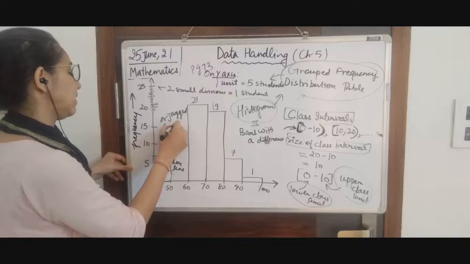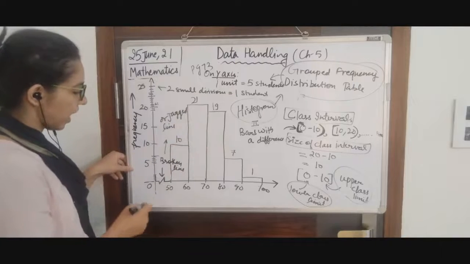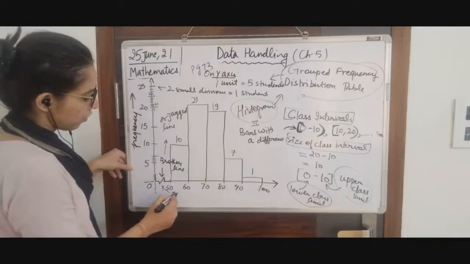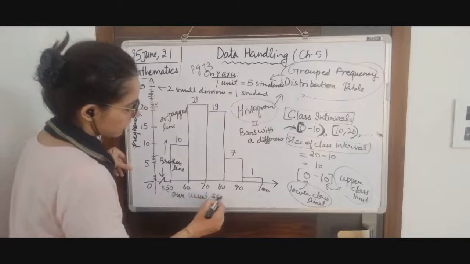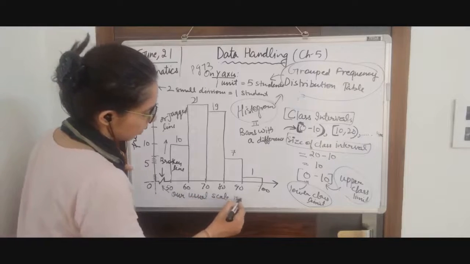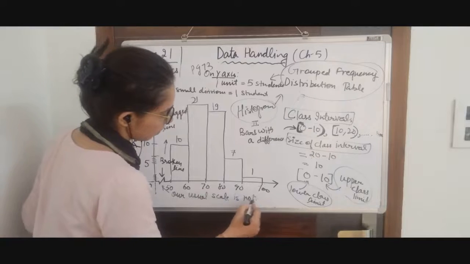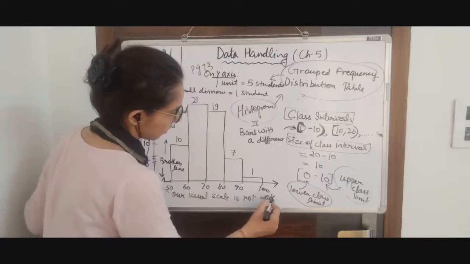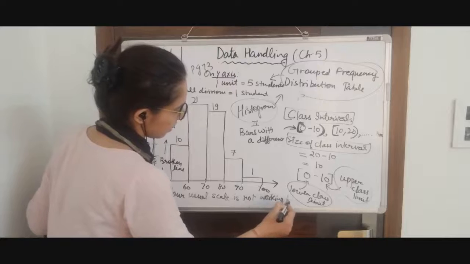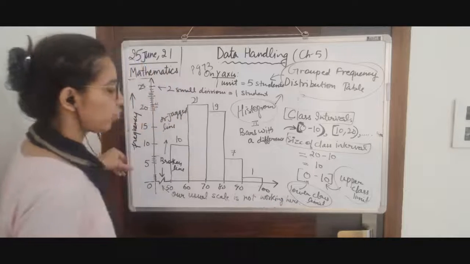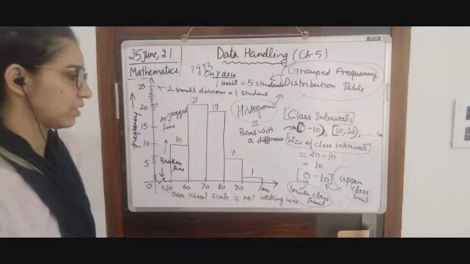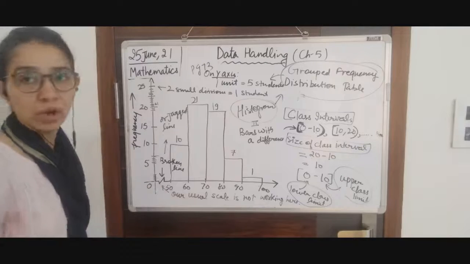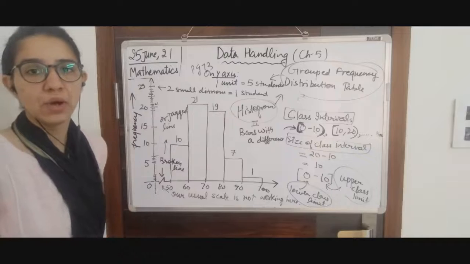This is used to show that our usual scale is not working here. It is mostly used in our horizontal data, but sometimes in senior classes we will see that we use this broken line in vertical data also.